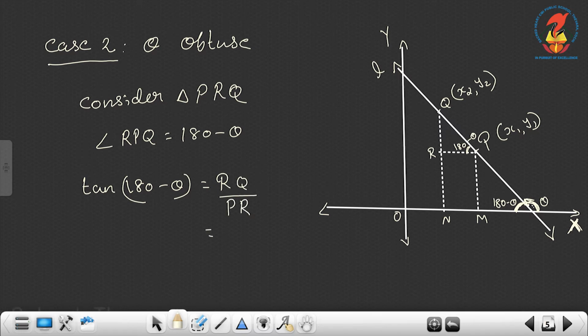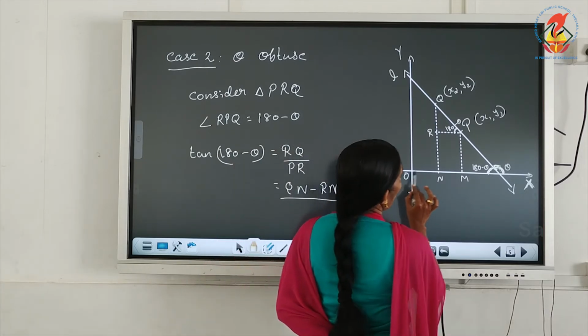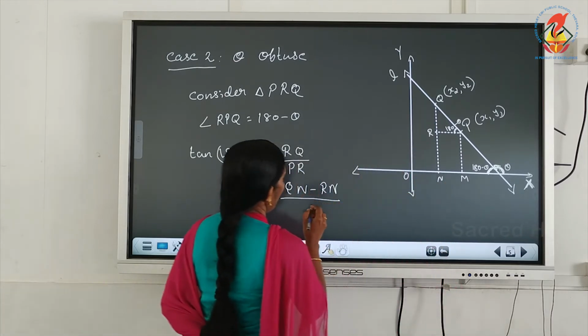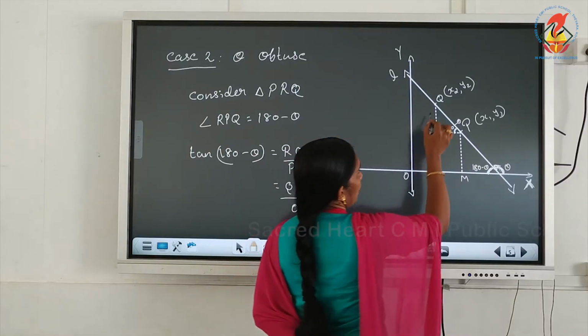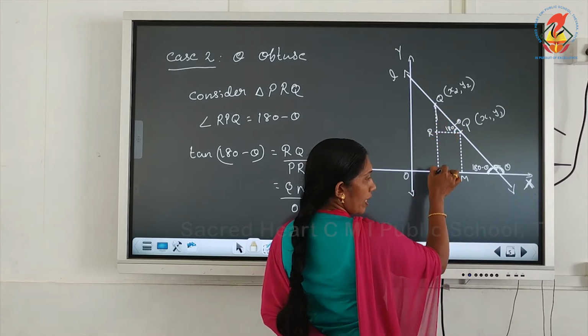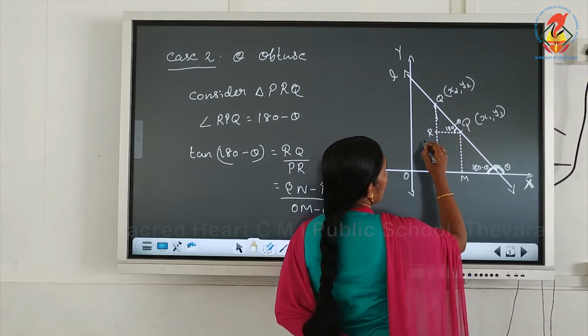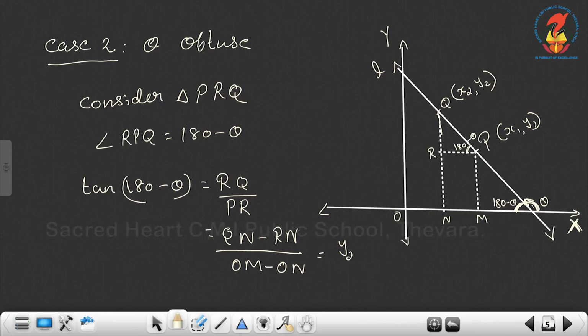And what is RQ? RQ is QN minus RN. Then what about PR? PR is OM minus ON. Then QN is the y distance. Here QN is y2 and RN is y1. So y1, the total is y2.